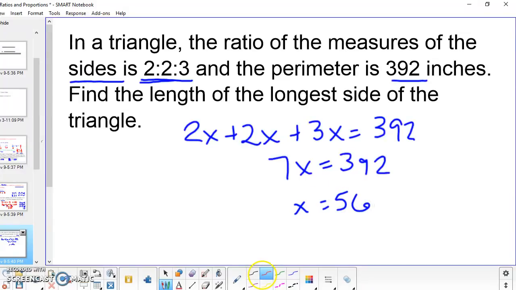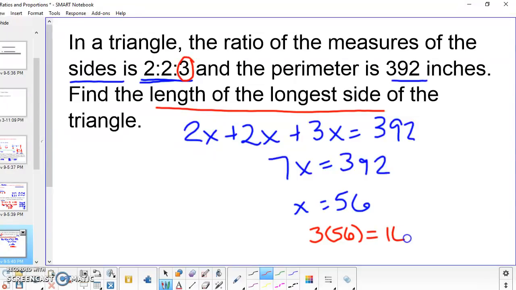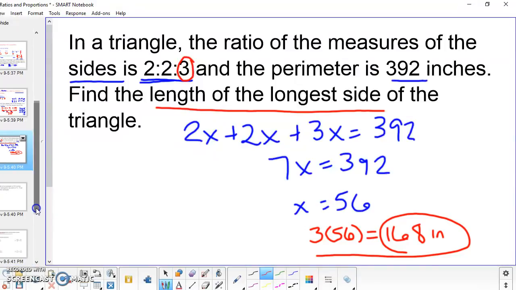And it's asking us for the length of the longest side. So that would be the one that's the 3. So 3 times 56 is what? 3 times 50 is 150. 3 times 6 is 18. So it's 168 inches. So that would be a way to use ratios for side lengths, not just angles.